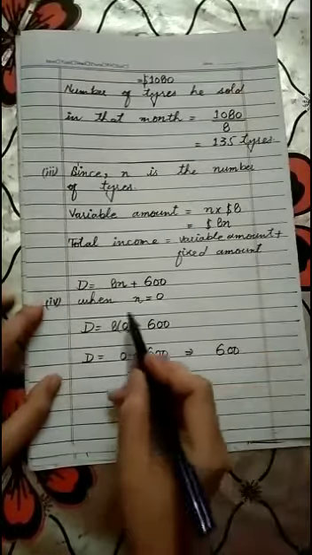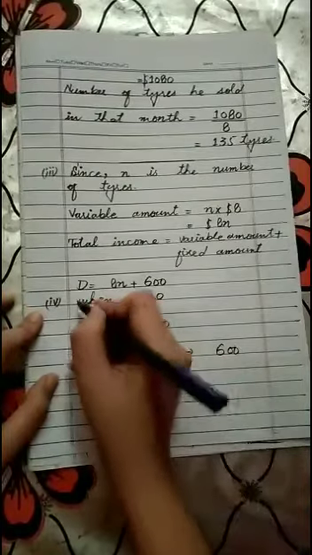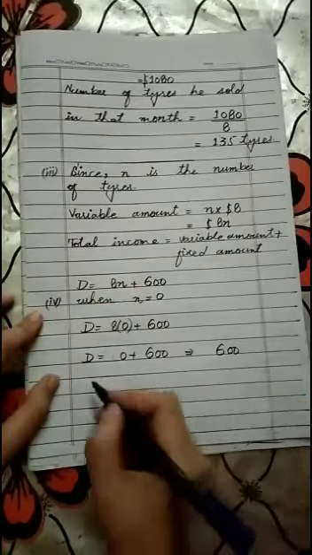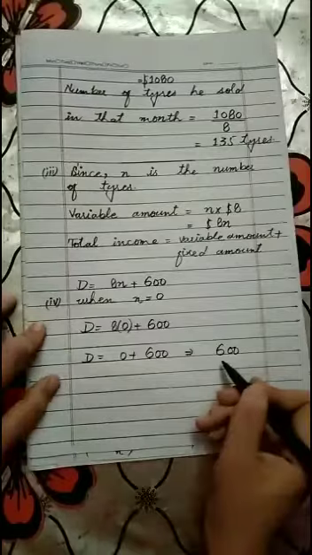When N is equal to 0, D is equal to 600.